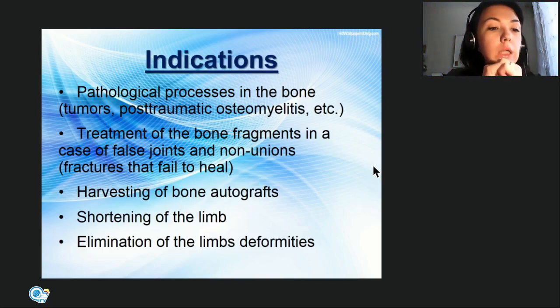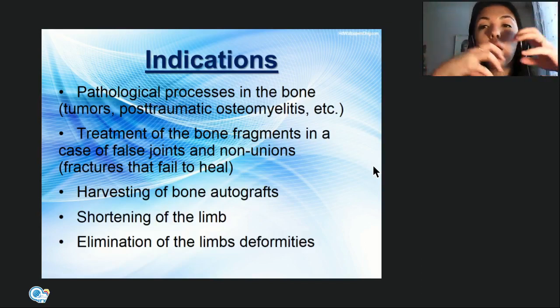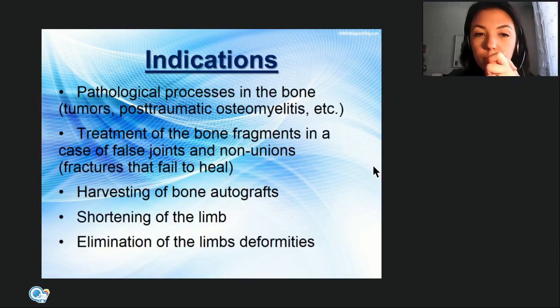False joint, or pseudoarthrosis, is another name. It is a gap between bone ends after the fracture that is passively mobile. Certainly not actively, because there are no special muscles, but it is passively mobile. So this is a false joint.